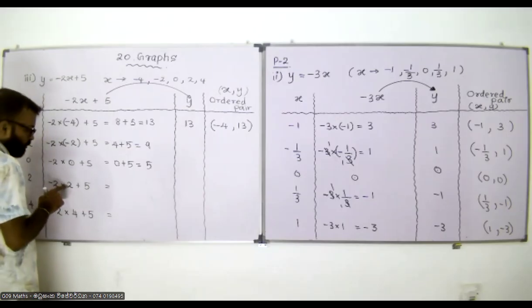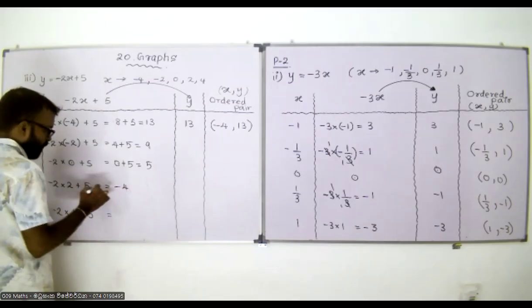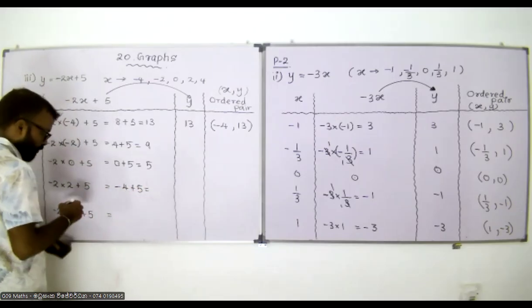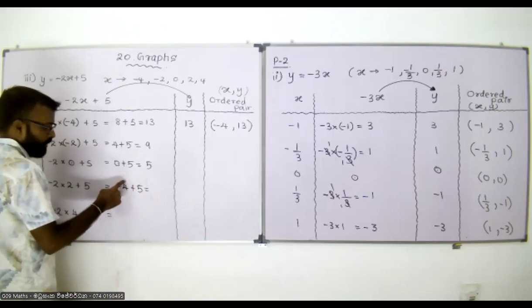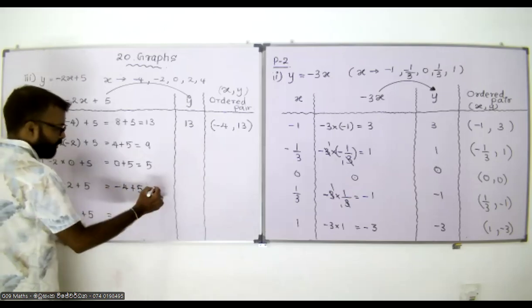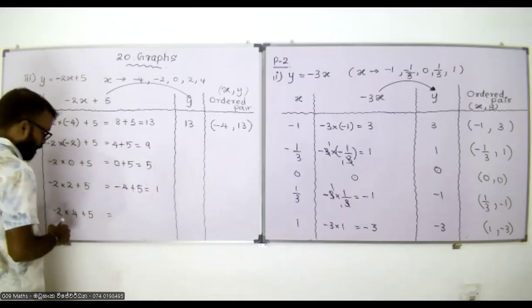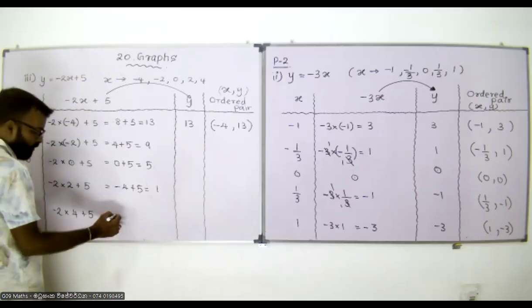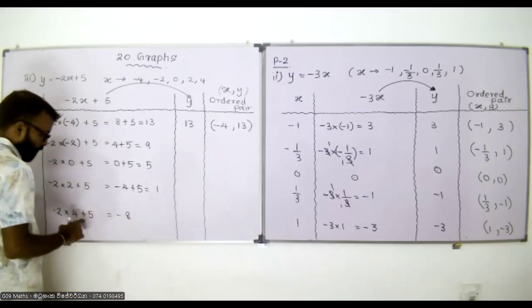Negative multiplied by positive, negative. 2 times 2, 4, plus 5. Of the two directed numbers, which is the biggest one? Positive 5. Get the subtraction, 5 minus 4 is 1. The sign is the biggest number's sign, positive 1. Negative into positive, negative. 2 times 4, 8 plus 5.